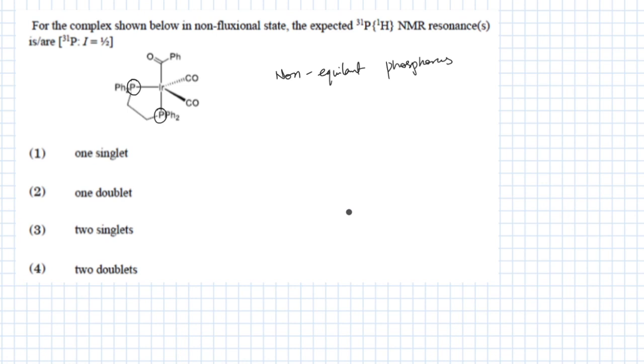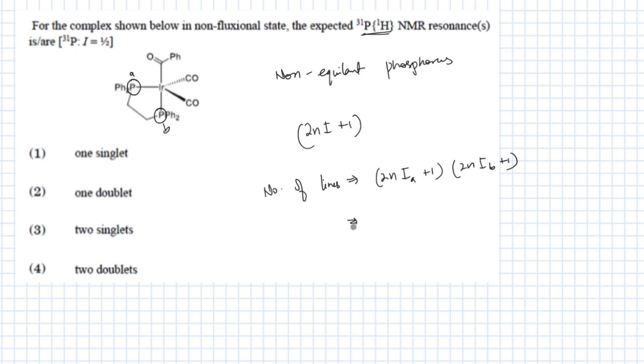Now if you look at the splitting pattern of it, you just have to use the 2nI plus 1 formula. So who is going to split first? Iridium being NMR inactive, since we are just doing the 31P NMR, we just have to look at phosphorus over here. So two types of phosphorus, how many lines are we going to get? Number of lines will be 2nAI plus 1, this is because of A type of phosphorus, multiplied by 2nBI plus 1, that means B type of phosphorus.